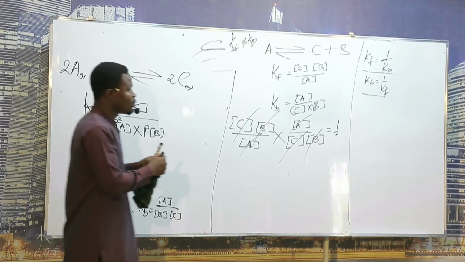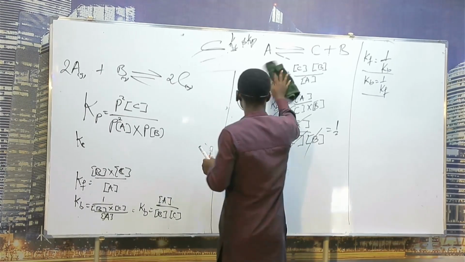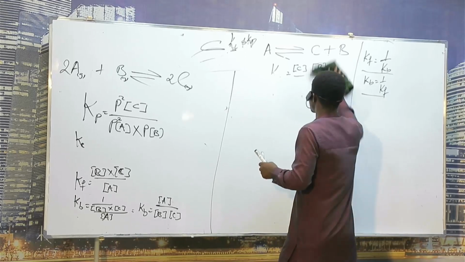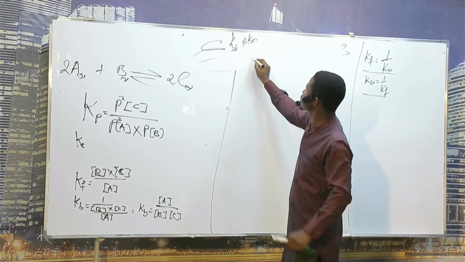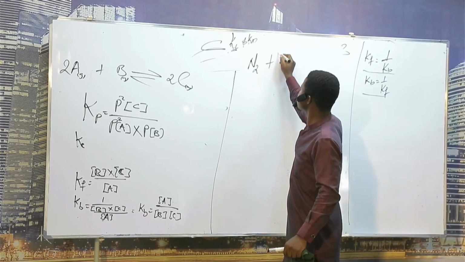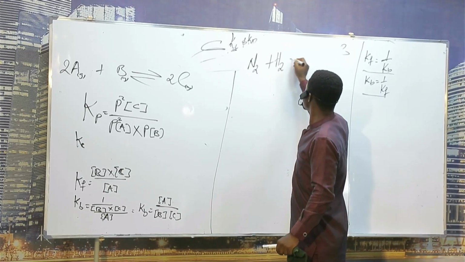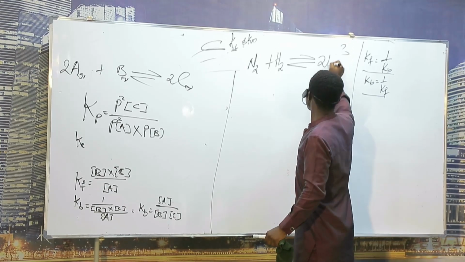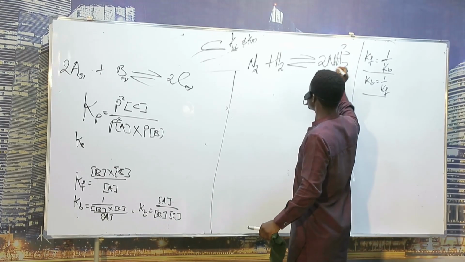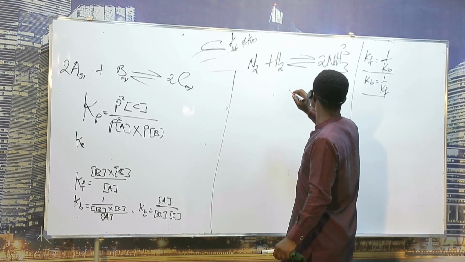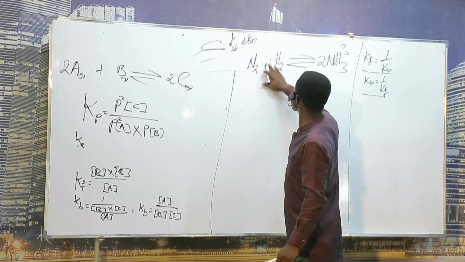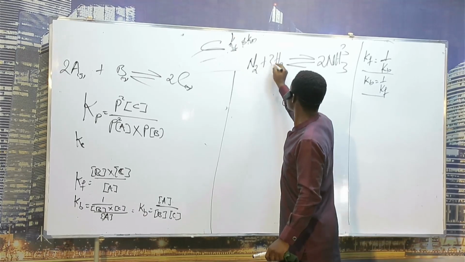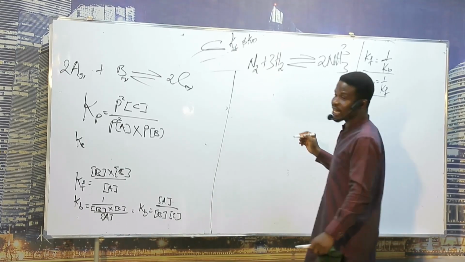Express the production of ammonia for me in terms of partial pressure. The production of ammonia is nitrogen plus hydrogen giving us 2NH3. Is it balanced? Where do we need to balance? 3 here. Is it balanced?